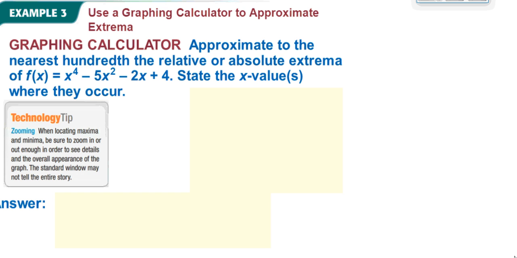And for us, you can kind of do that, maybe tracing along there or whatever. We know that we have access to a graphing calculator and that it can find those zeros, or excuse me, extrema values for us. So type in x to the fourth minus 5x squared minus 2x plus 4.